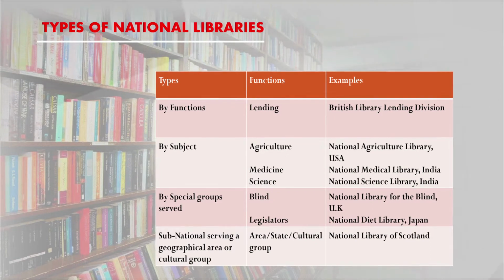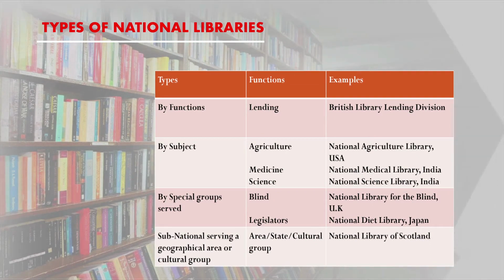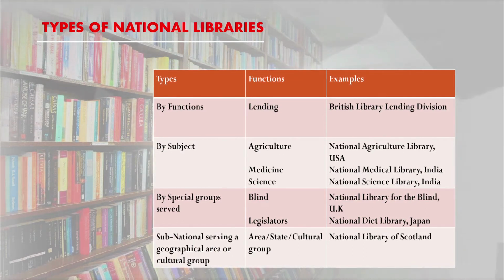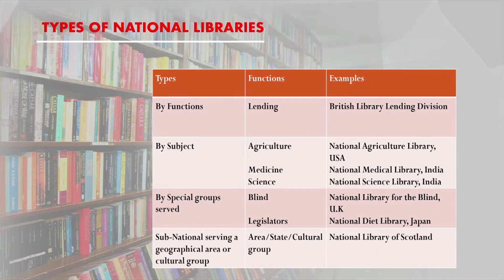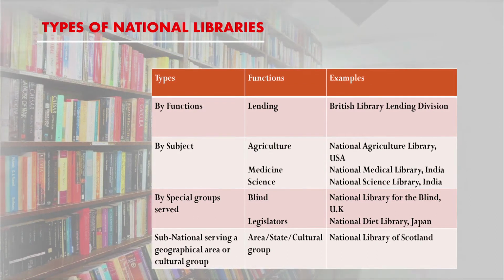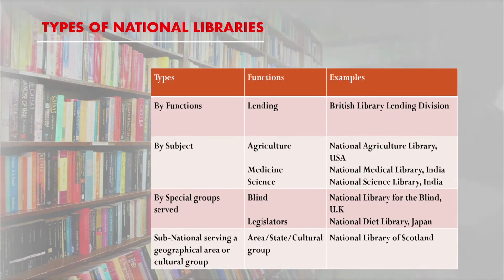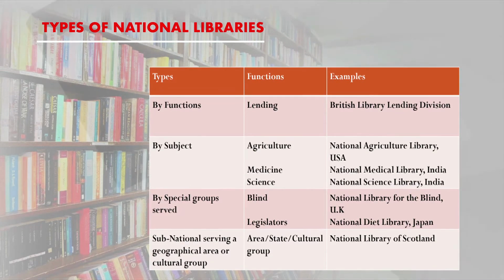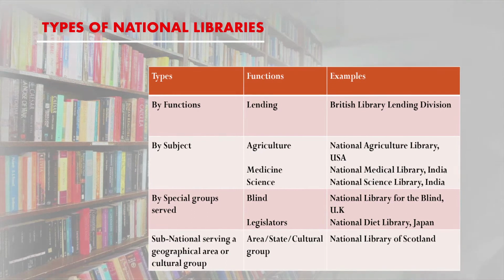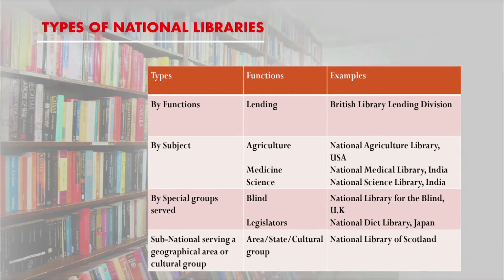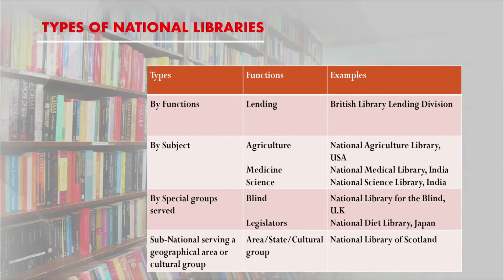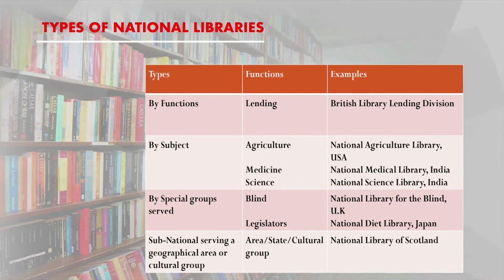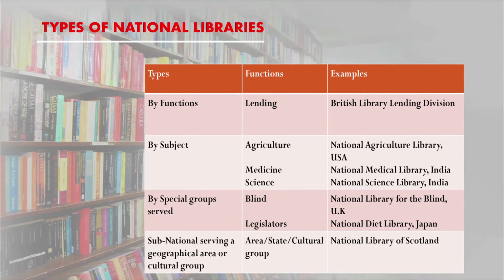By function, we have a lending library, known as the British Library Lending Division. It is a division of the British Library, which is the National Library of the United Kingdom. By subject, we have the National Library of Agriculture, National Library of Medicine, National Library of Science. In India also we have the National Medical Library situated in New Delhi, and the National Science Library, also situated in New Delhi.